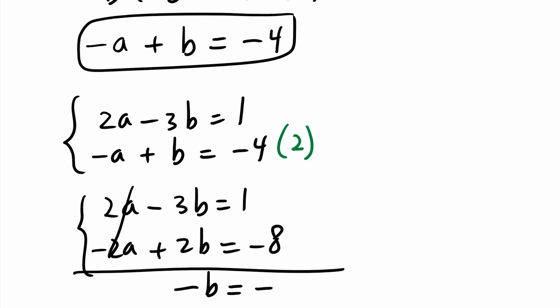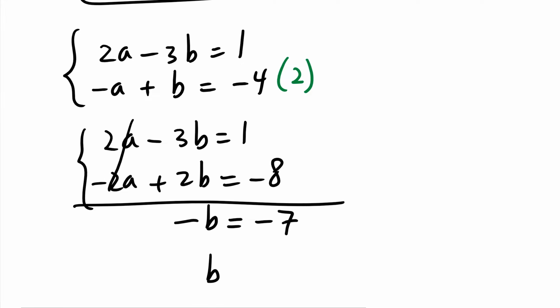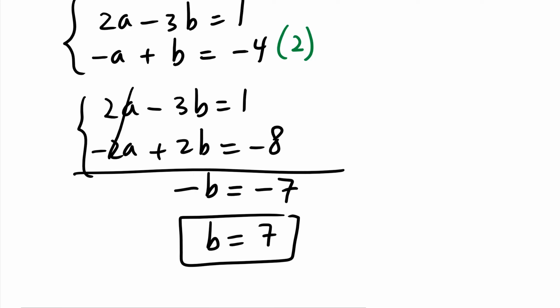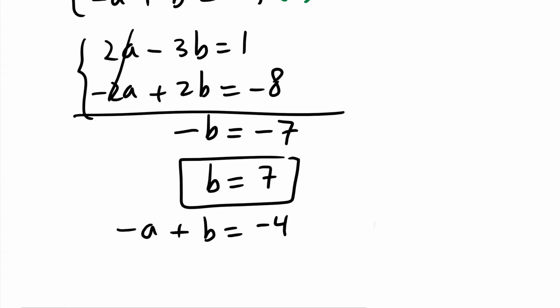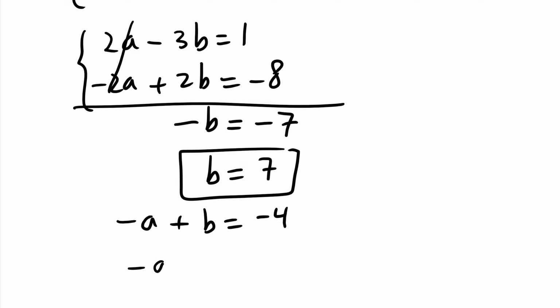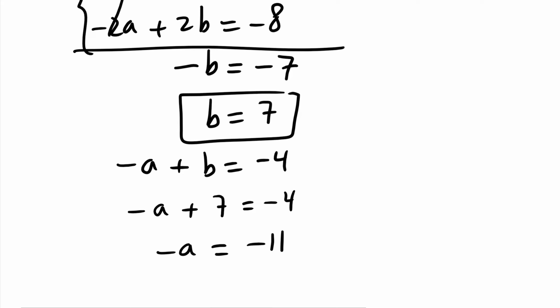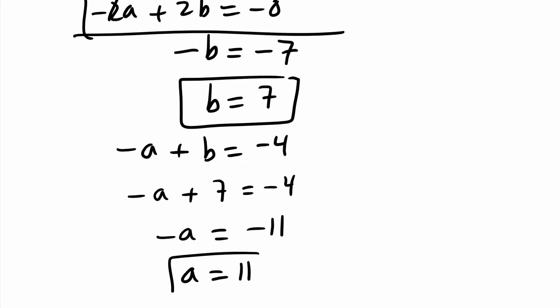Negative b is negative 7, and b is 7. So we got b, and then from the equation negative a plus b equals negative 4, we can substitute that in. Negative a plus 7 equals negative 4. Subtract 7 on both sides, so a equals 11.